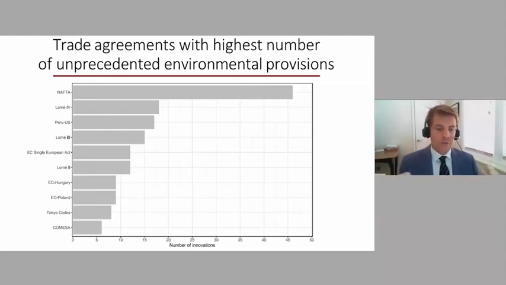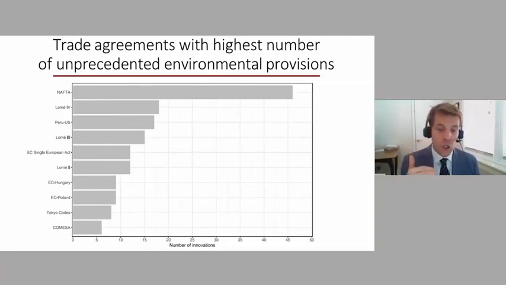Some European agreements are also interesting and included a number of innovations. By the way, some trade agreements concluded by the European Commission, even before the conclusion of the UNFCCC, so before 1992, already mentioned climate change.